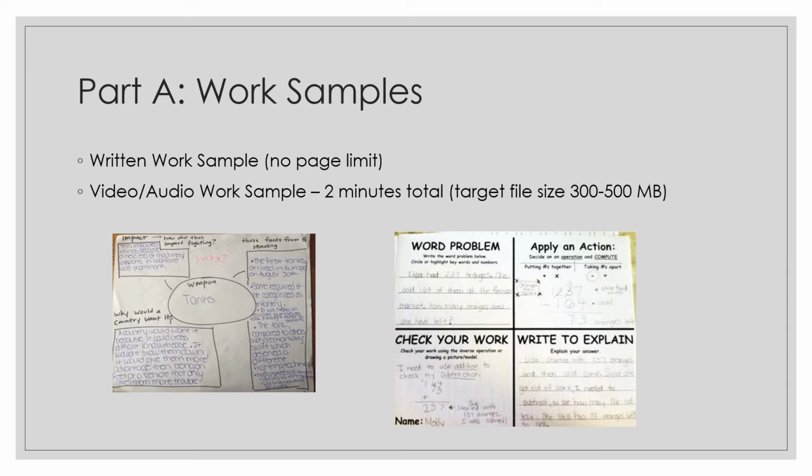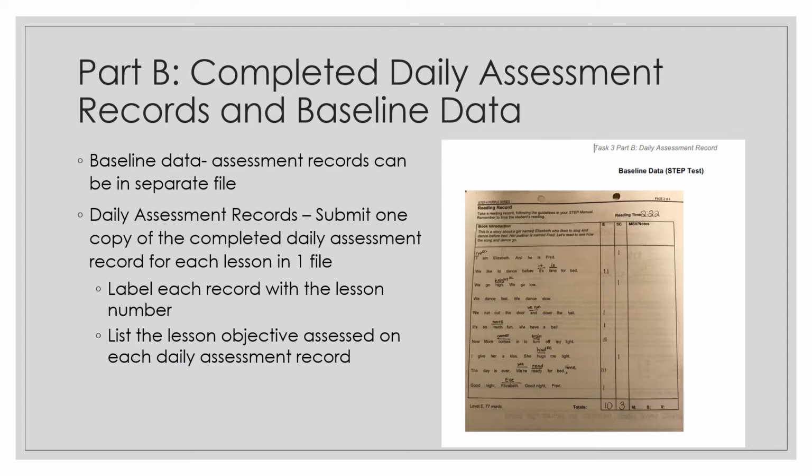So again, you either have a written work sample or a video or audio work sample. Obviously, if your objective was more behavioral, you might need to have a video work sample so that they can see the behaviors.